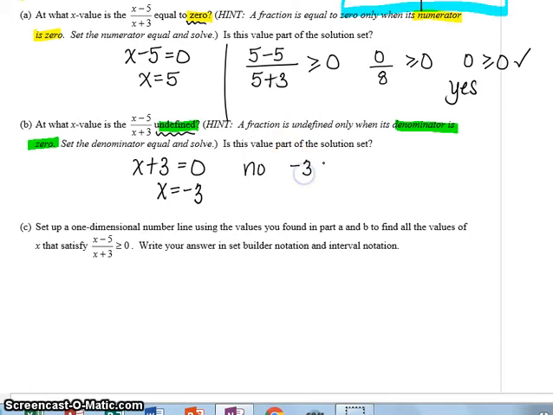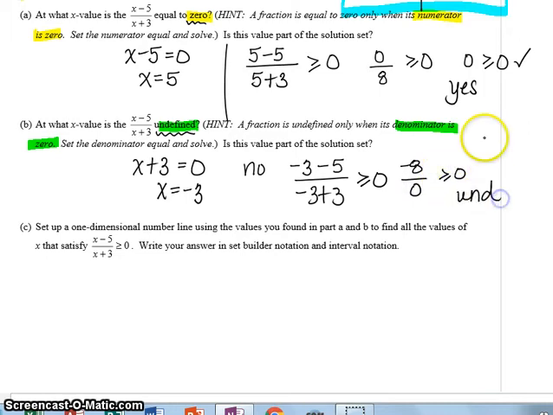Plug in a negative 3 wherever you see an x into the original inequality, and you end up getting negative 8 over 0. Is it greater than or equal to 0? Undefined, because that's what it is when 0 is on the bottom, is not bigger than 0, and it's not equal to 0, so it is no, and that's why that one's a no.